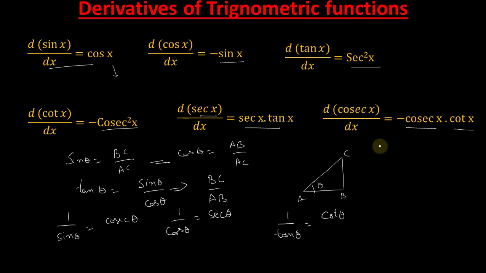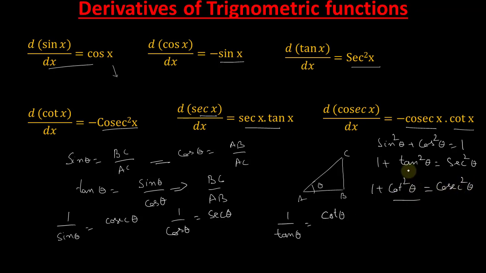There are some very simple relations between these, like sin square theta plus cos square theta is equal to 1. 1 plus tan square theta is equal to secant square theta. These are very important relations, you should remember this. 1 plus cot square theta is equal to cosecant square theta.